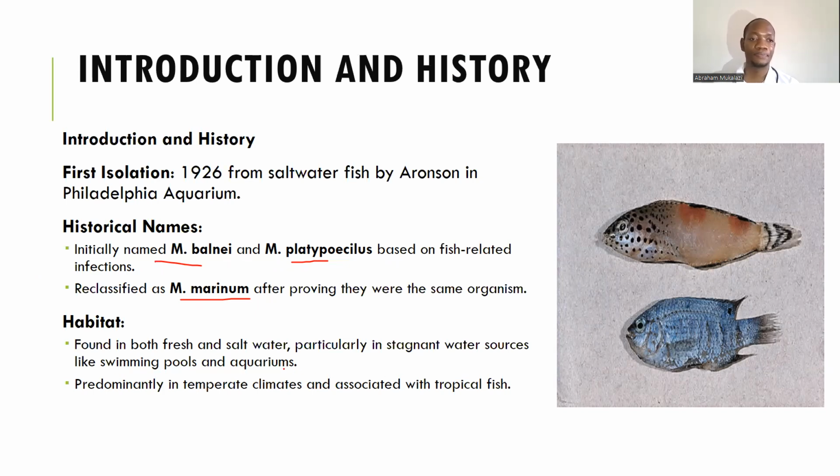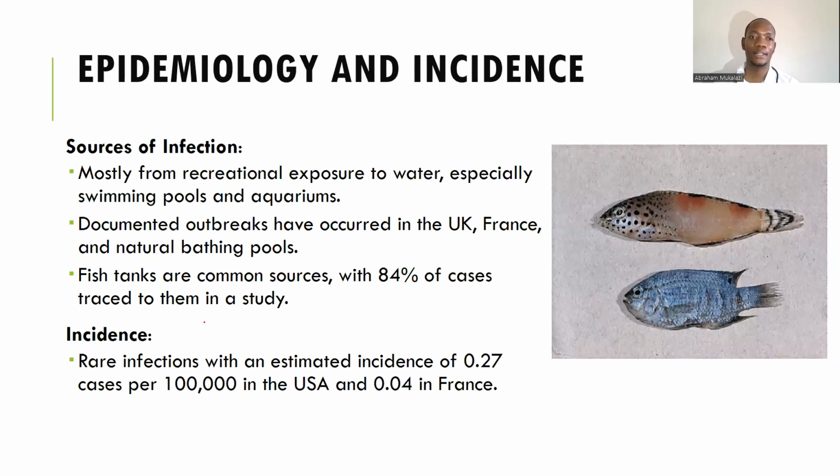So the sources of this infection, mostly someone has recreational exposure to water, they go for boat riding, cruising, then they interact with maybe quarantine fish, the ones in aquariums, zookeepers, so they can end up being pricked by the fish, and then you end up inoculating the bacteria into the skin.